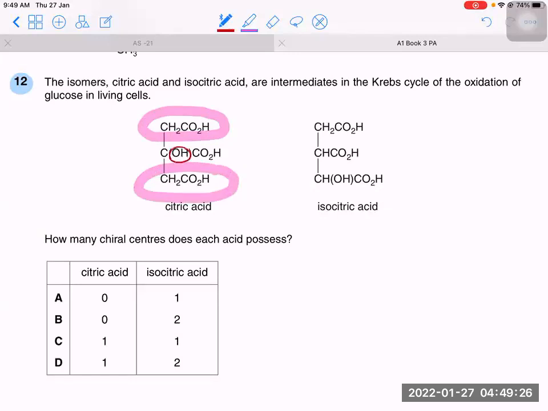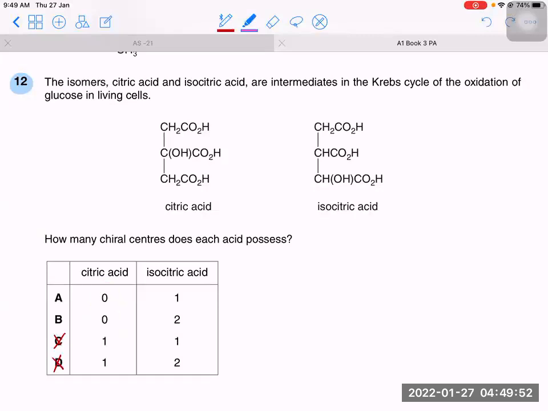It has an OH, it has this, and the 2 pink ones are the same. Not chiral. Can this be chiral? No. Why? Double bond. Can this be chiral? No. Why? 2 H's. Can this be chiral? No. Why? Double bond. Does this have a chiral center? No. So citric acid has 0 chiral centers.